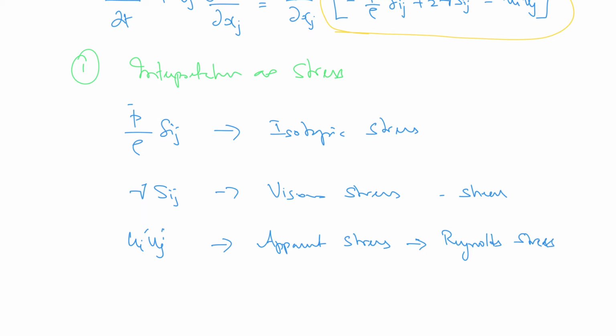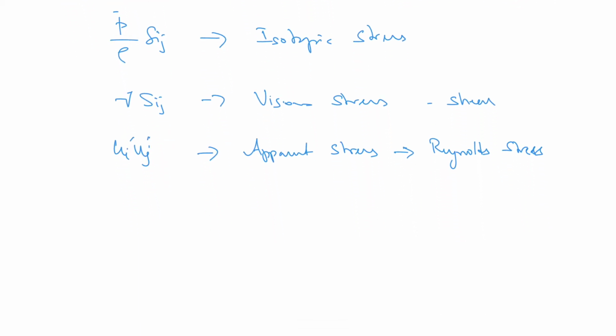We performed Reynolds decomposition and Reynolds averaging. Because of that, we arrived at this apparent stress. We name it Reynolds stress. Now, we can try to understand the difference between these two stresses, the viscous stress and the apparent stress. The viscous stress is because of momentum transfer at the molecular level. The Reynolds stress is due to the fluctuating velocity field.